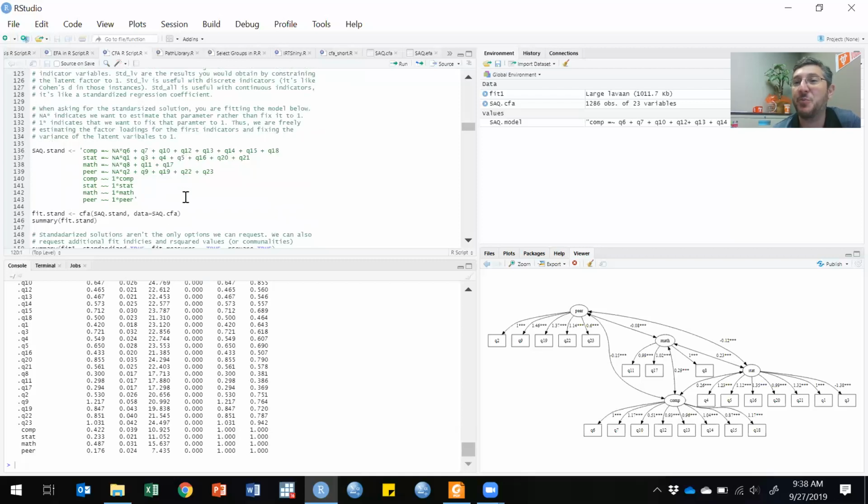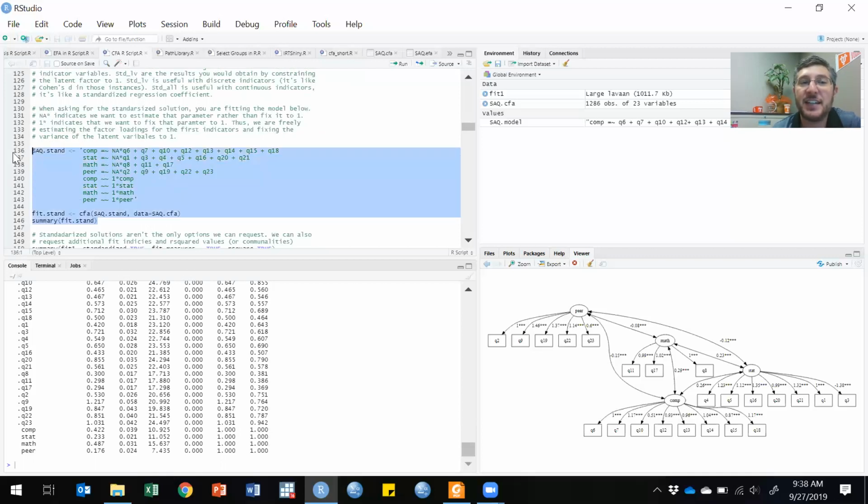That indicates that we want lavaan to free that parameter, estimate it. And then, remember we use two tildes to represent a covariance, we want to set the variance for each one of the latent variables to 1.